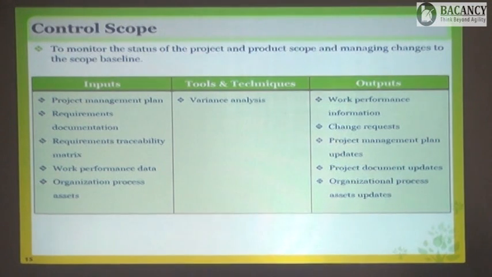And I told you that first of all we are going to do a variance analysis for each and individual subsidiary knowledge area. And from that we will get the work performance information, that okay, with respect to scope, if there is any amount of variance. So it will say okay, in this deliverable there are supposed to be 3 features.